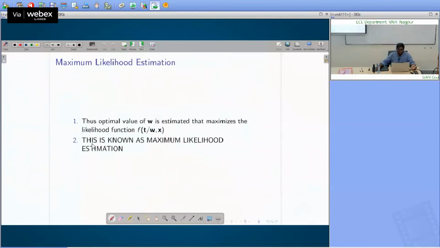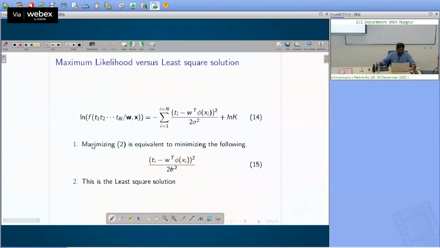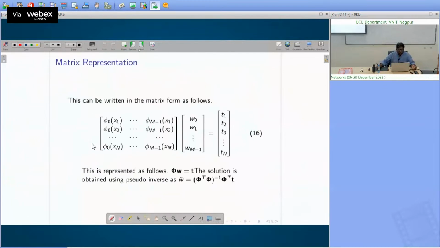This is maximum likelihood estimation and this is the density function. Taking logarithm, you wanted to maximize this, and removing that negative part, it becomes a minimization problem, a least square solution. So now what is the solution?